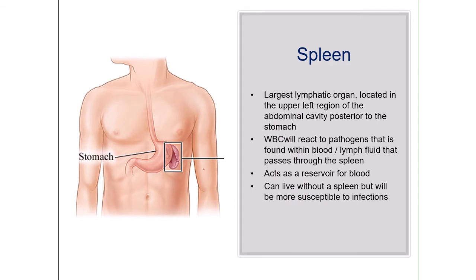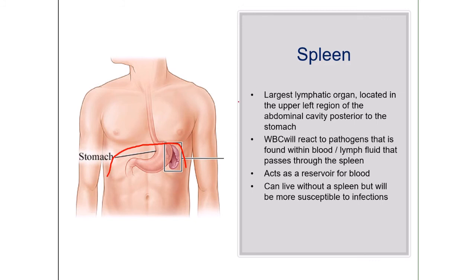The spleen, as I said, is behind your stomach. This would be your diaphragm, and the spleen is just right there below the diaphragm, behind the stomach on the left side. We already know that it recycles old red cells, and it also does a similar lymphatic function as the tonsils and the lymph nodes.